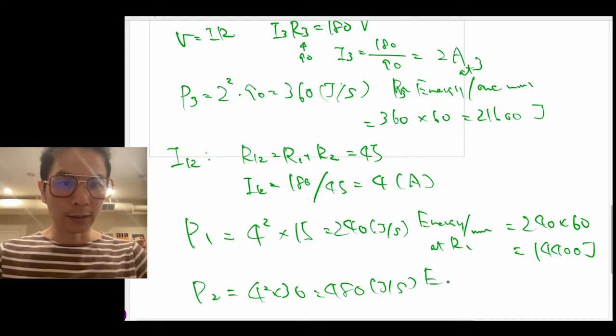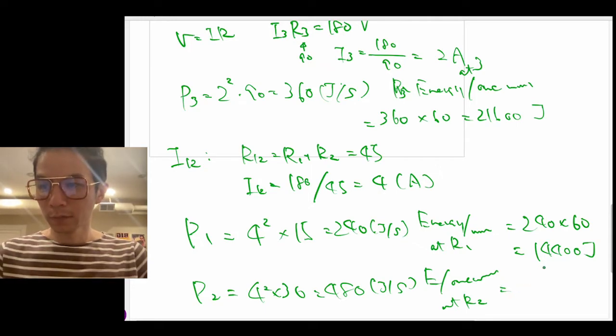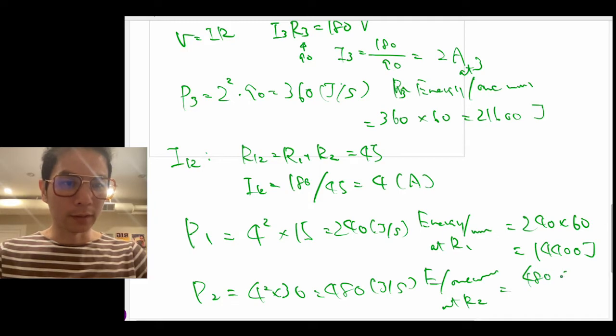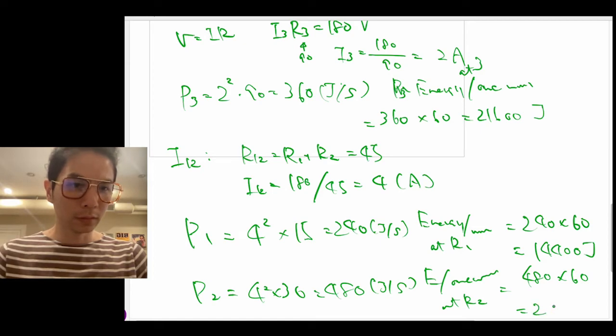And energy per 1 minute at R2 equals 480 multiplied by 60, which equals 28800 joule.